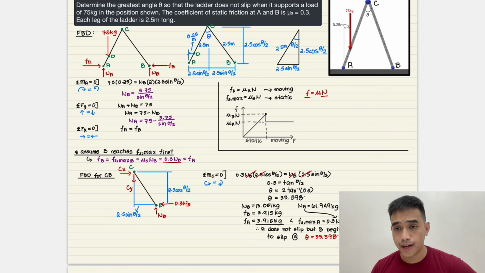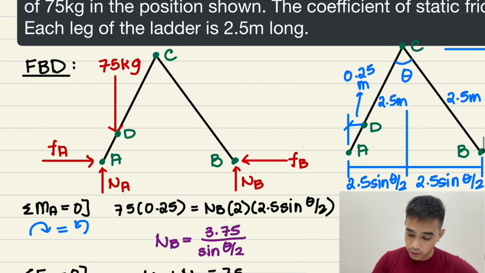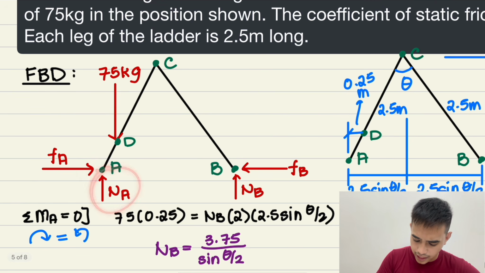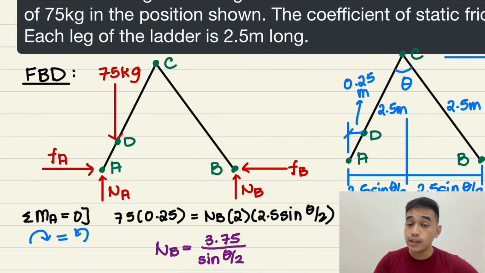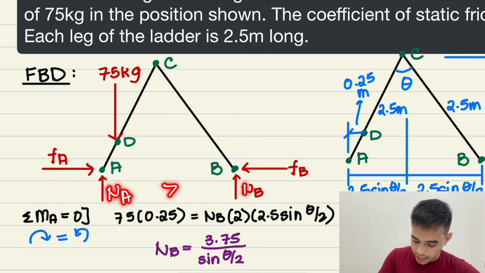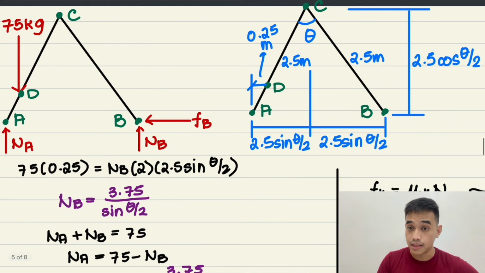So the reason why assuming that point B slips first is a convenient initial assumption, especially for our civil engineering board examination, where time is of the essence, is because when we look at the free body diagram, we can see that NA is closer to the only applied force, which is the vertical force 75 kilograms. And with this, we can know that NA will always have a greater value than NB.